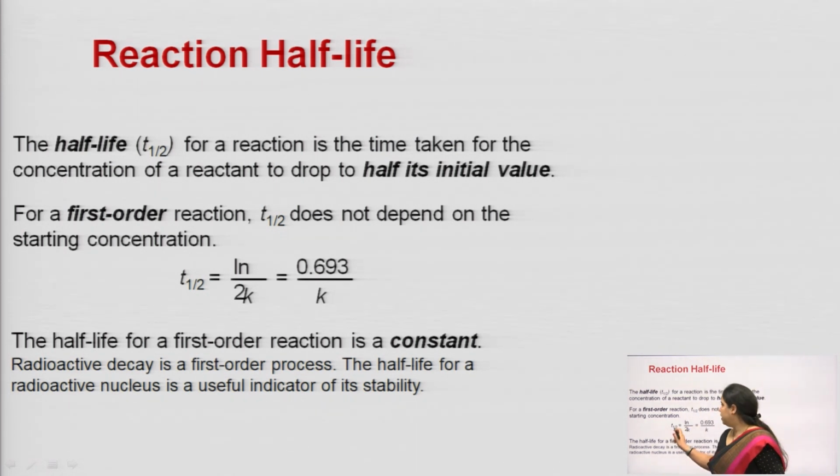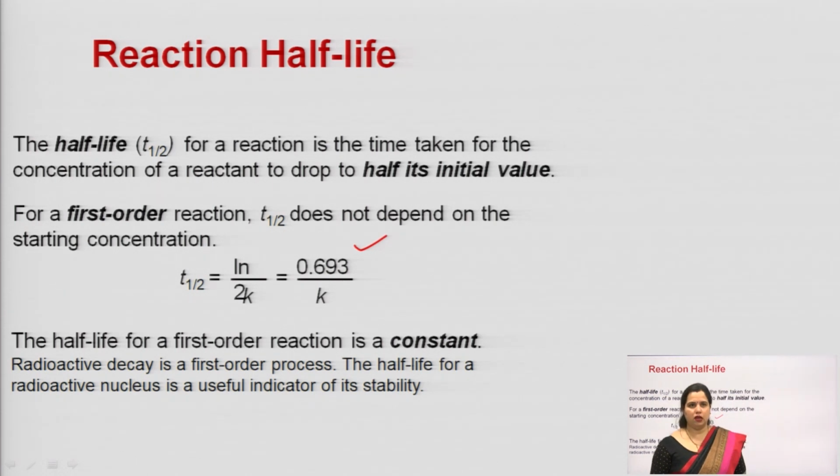The formula is t½ = 0.693/k. The half life for a first order reaction is constant. Radioactive decay is a first order process, and the half life of a radioactive nucleus is a useful indicator of its stability.